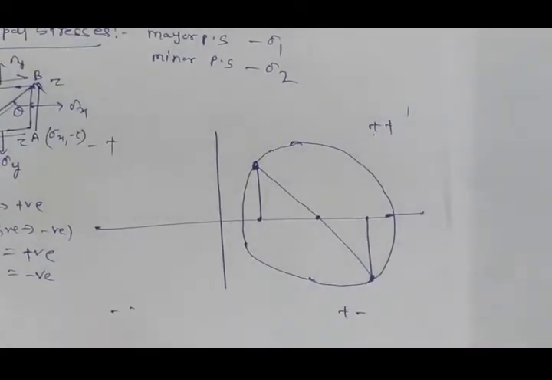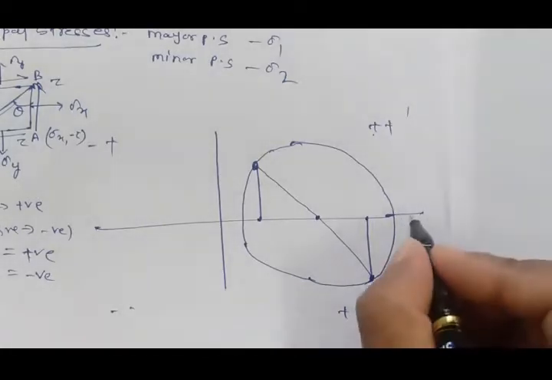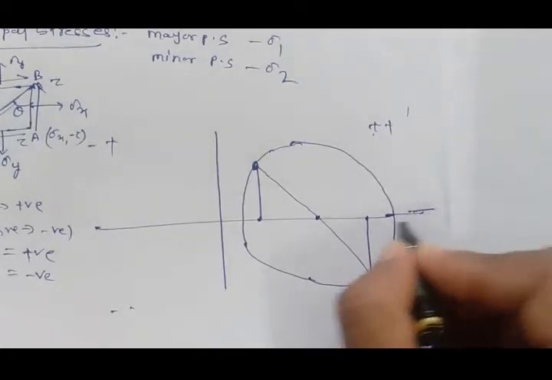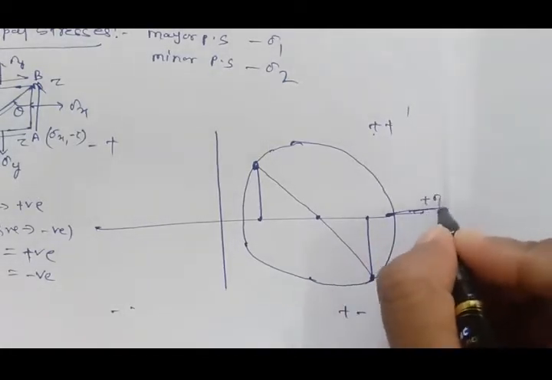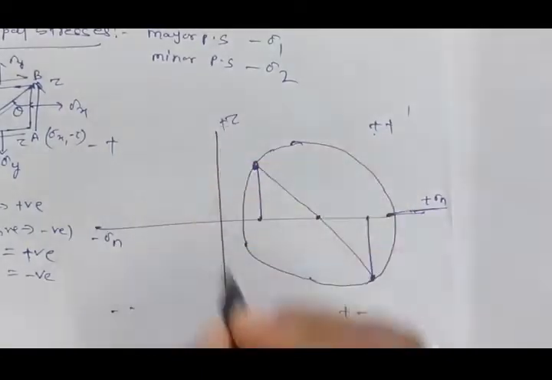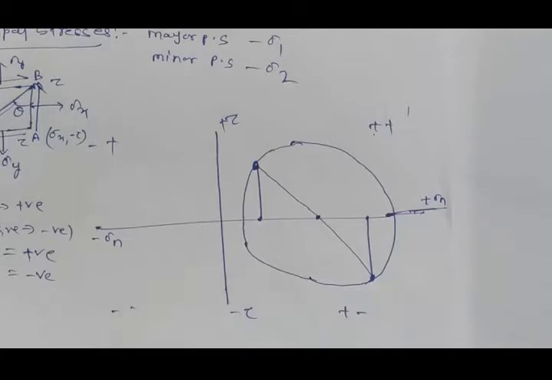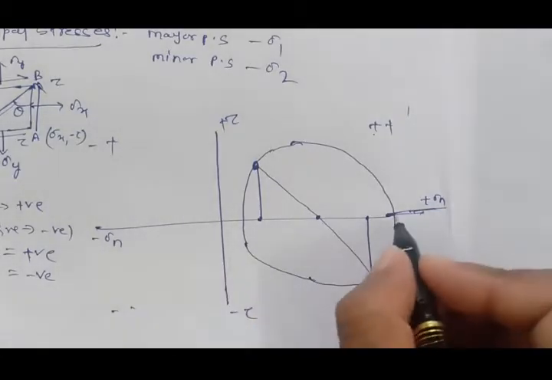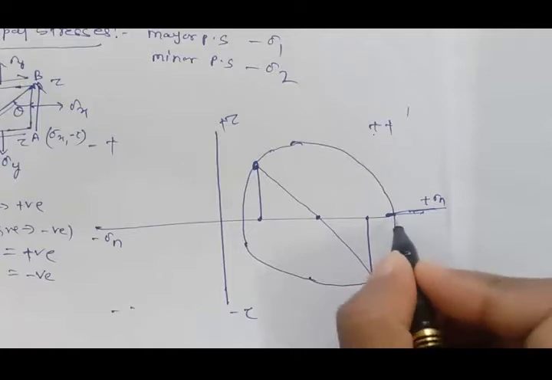As we know, the principal stress is a stress which acts on a principal plane where the shear stress is 0. So we have to keep that point in mind. This is the normal stress plus sigma n, and here it is normal stress minus sigma n. This is plus tau, this is negative tau. So here you can see the principal stress, the stress which acts on a principal plane where the shear stress value is 0.